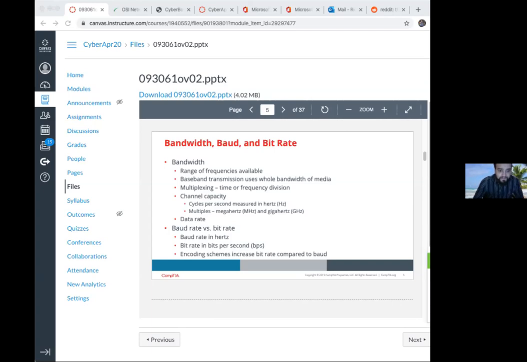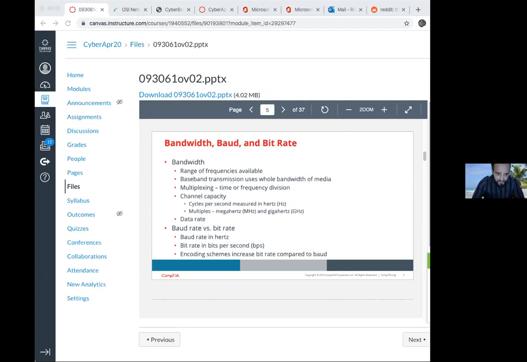A symbol is a signal that is transmitted over a channel in a series of events called symbols. The symbol could be a pulse, it could be electric current, or it could be the transition between a peak and a low. The number of symbols that can be transmitted per second is the baud rate. Baud, once again, is measured in hertz. And then we have the bit rate.